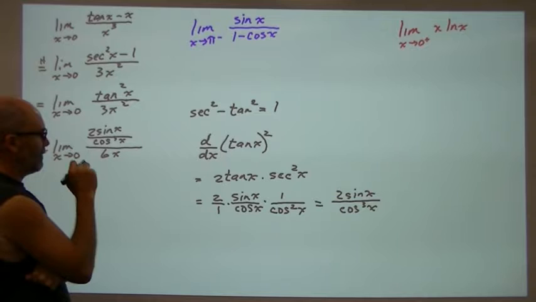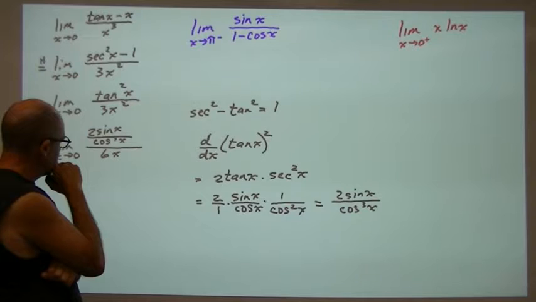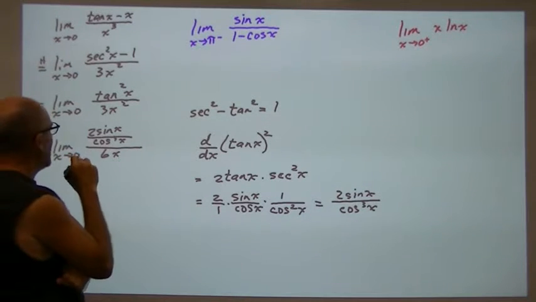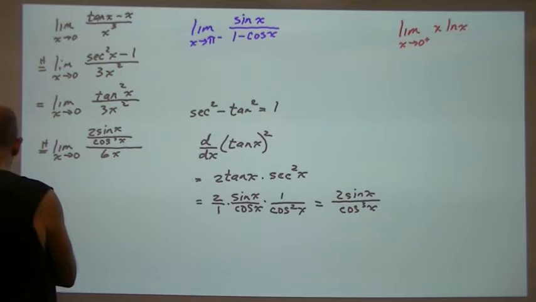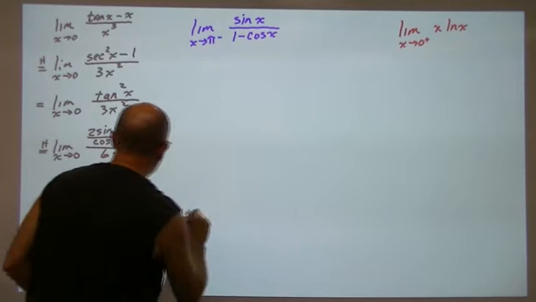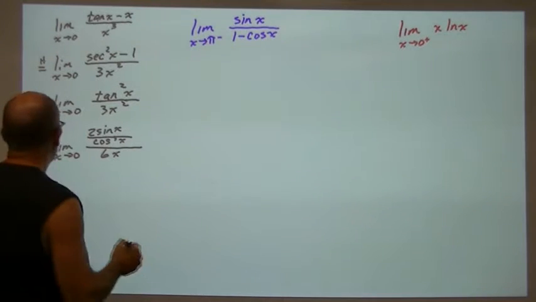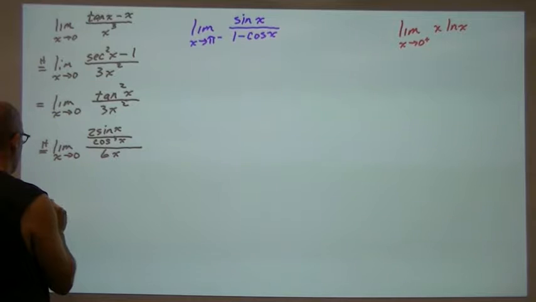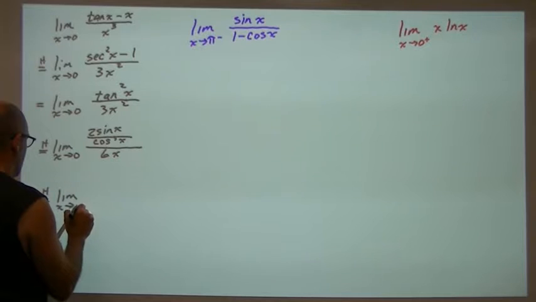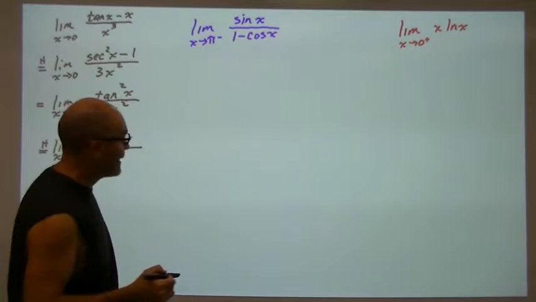Was there an easier way of doing this? I don't think so. Let's just muscle through it. Okay, now, notice we still have 0 over 0 because sine of 0 is 0, cosine of 0 is 1, and 6 times 0 is 0. So we're going to do L'Hopital one more time. This seems to be a bit bigger chocolate chip cookie than we were expecting.